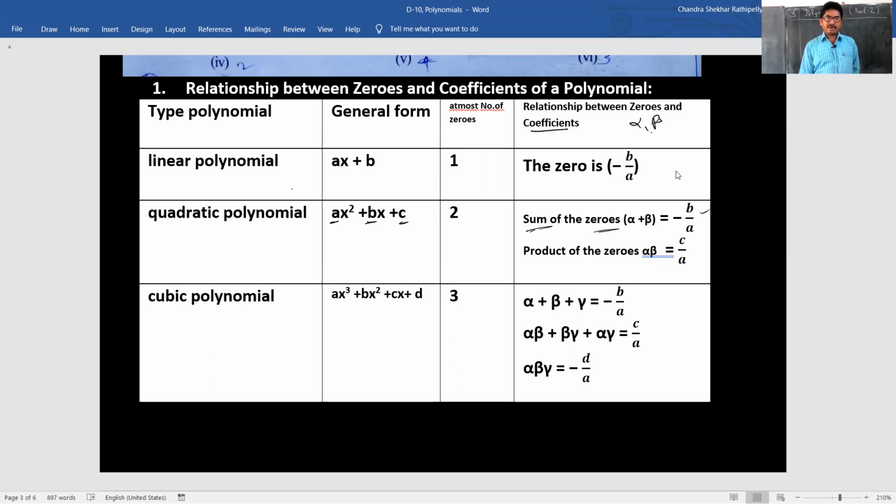Constant. In the cubic polynomial, A, B, C are coefficients and D is the constant. Without mixing variables, that is called a constant, children.